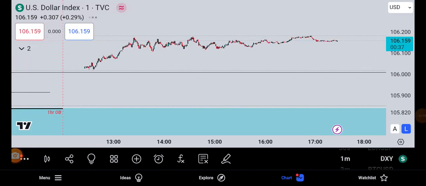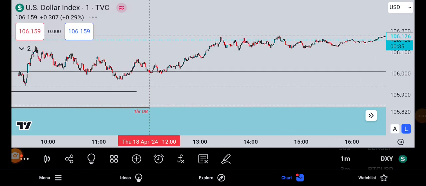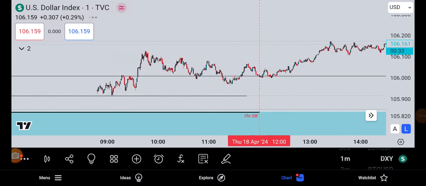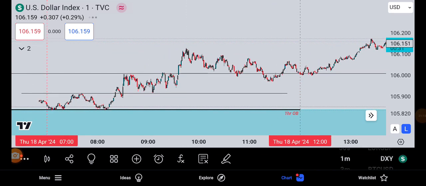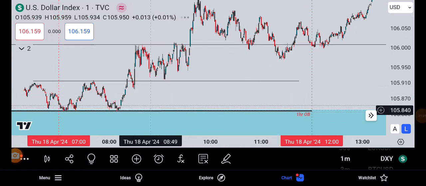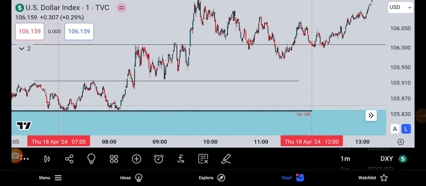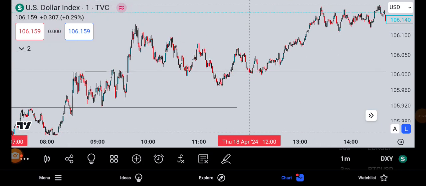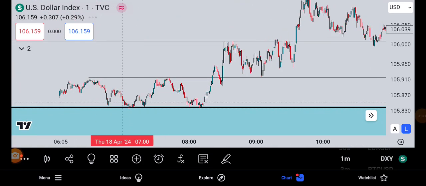So as I was watching these, if I was confident enough, my trade would have been at around this level, because I literally got this over here, but I wasn't really confident enough to take that trade.